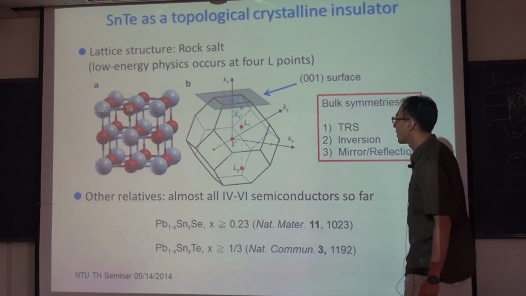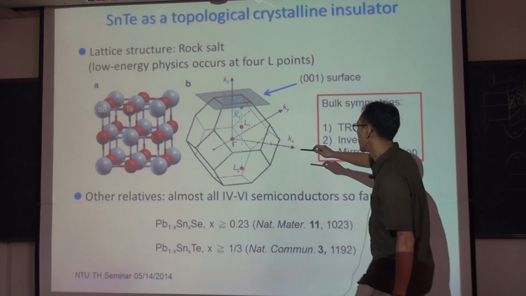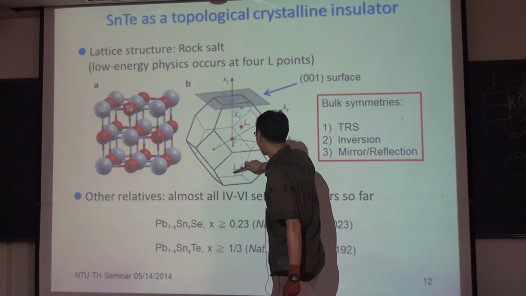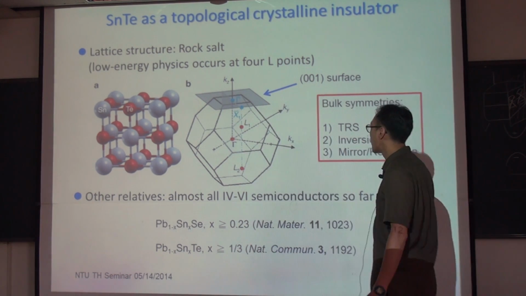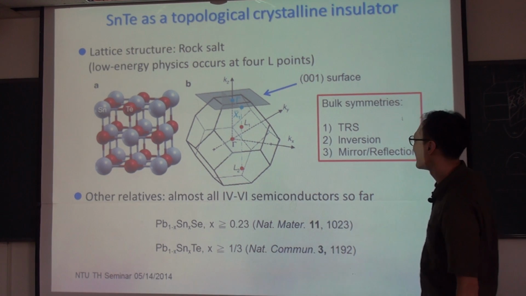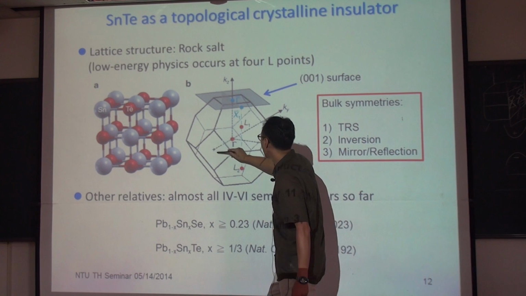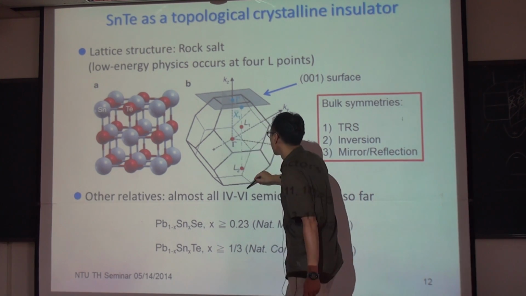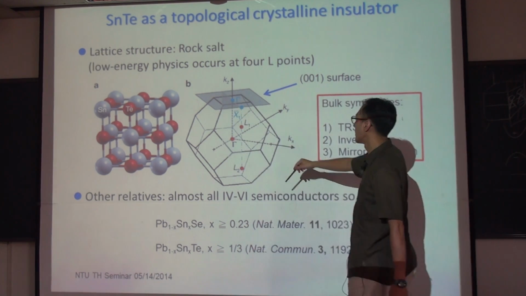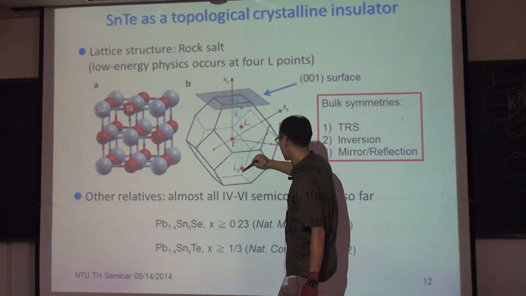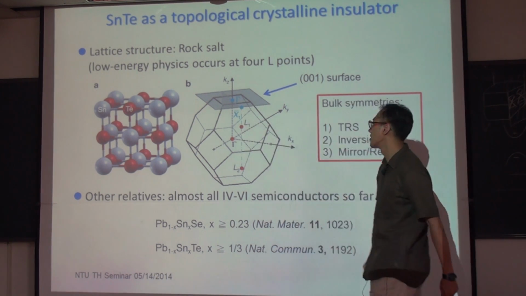One thing, this is not very clear here. Actually, it should be a colorful plane, but I don't know why it just disappeared. But anyway, this is the mirror plane. You can have one of the mirror planes you can have in this system. So you will pass two non-equivalent L points.